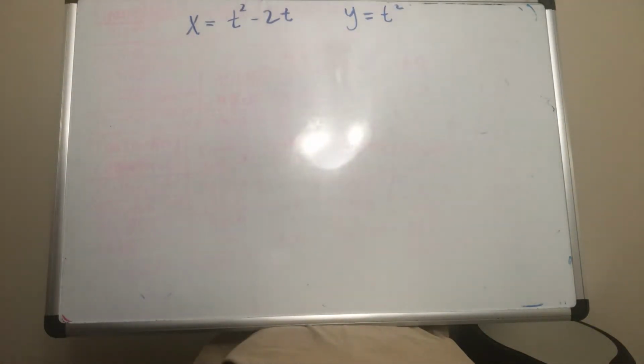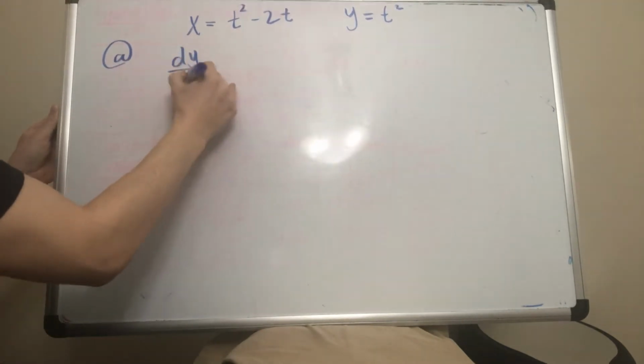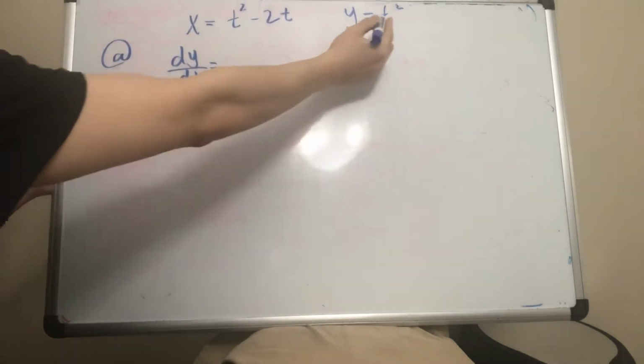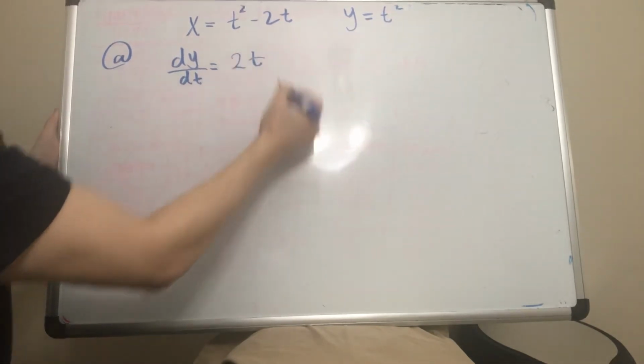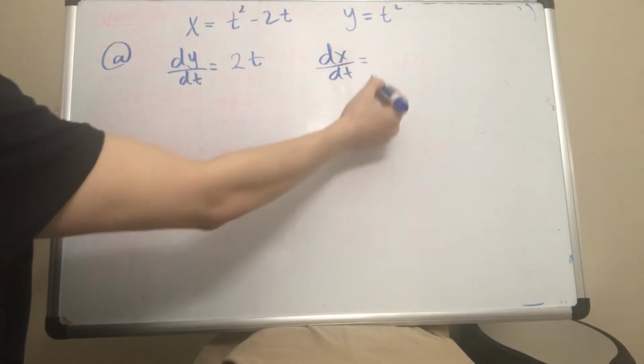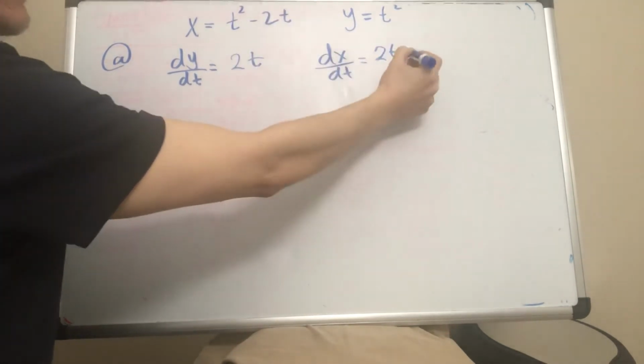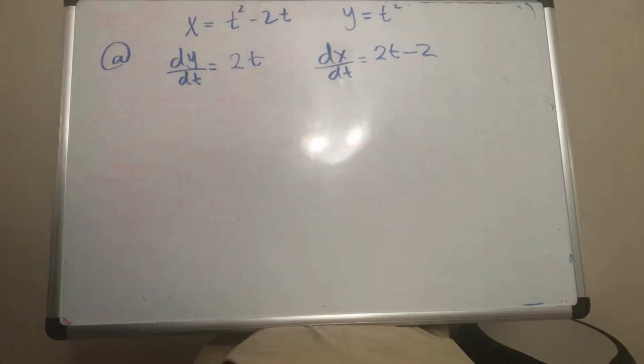You're asked to find the derivative of y with respect to t. So derivative of this is 2t. You're also asked to find the derivative of x with respect to t, and the derivative, as you guys know, is 2t minus 2. And use this information to sketch the curve.